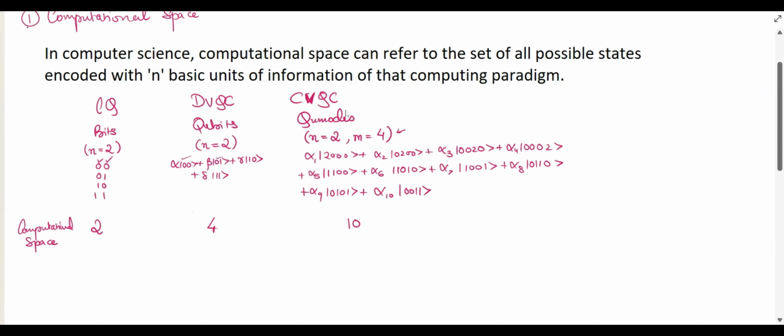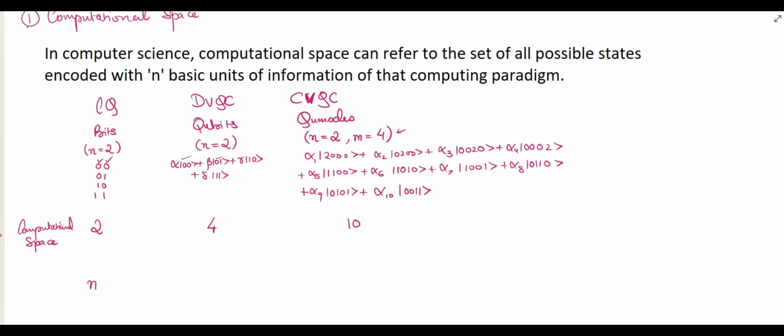So we can see that this is how the computational space scales up. In general, the computational space scales up like this.